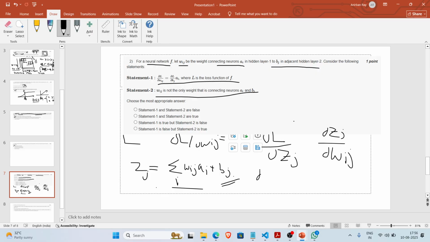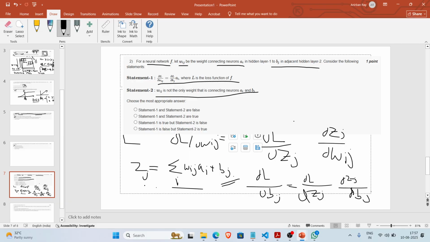Okay, so you see it like this. Suppose I have ∂L/∂Zj, or let's say ∂L/∂Bj, I have to see. You can write ∂L/∂Zj, and now ∂Zj/∂Bj.